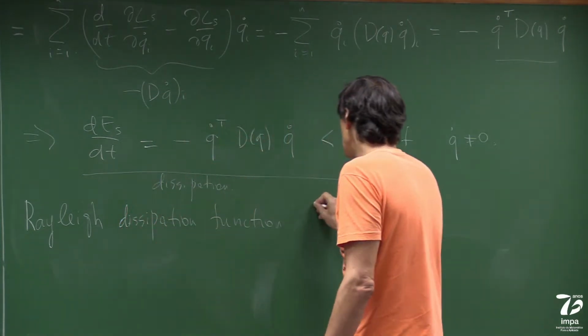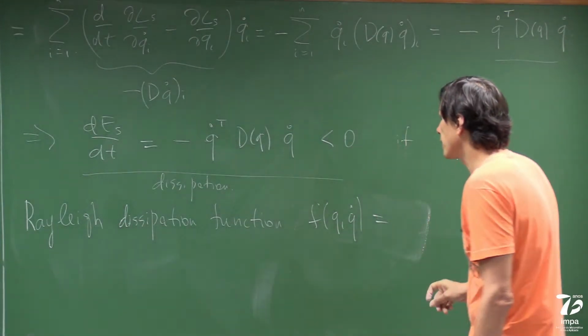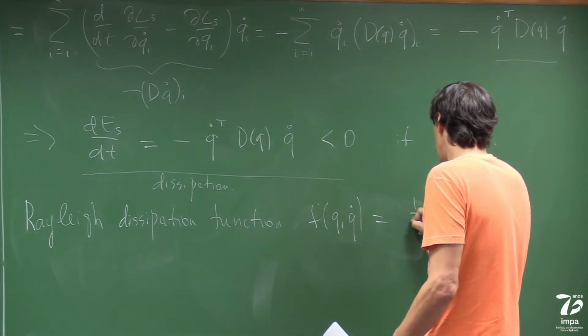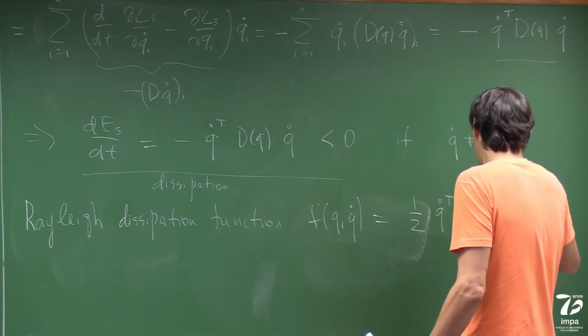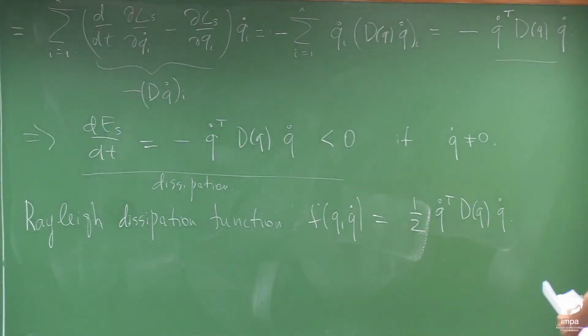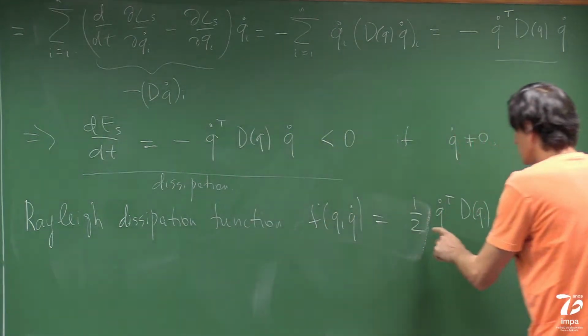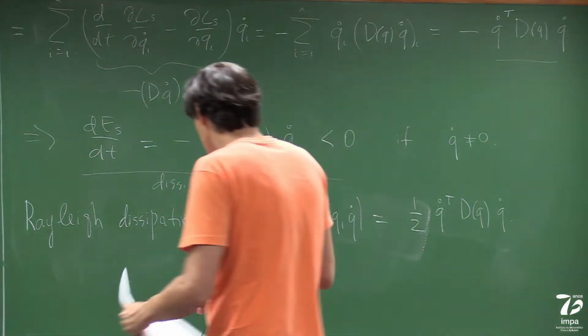It's a function which depends on coordinates and velocity, and it's just defined as 1/2 q dot transpose D q dot. This expression, but without minus and with 1/2. So it's usually called the Rayleigh dissipation function.